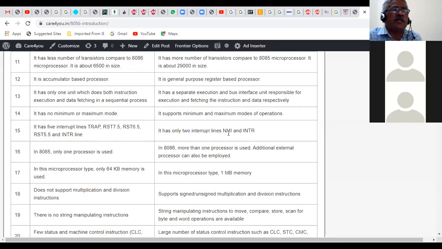There is NMI, non-maskable interrupt, and INTR. NMI is vectored and INTR is non-vectored. NMI is non-maskable, INTR is maskable.